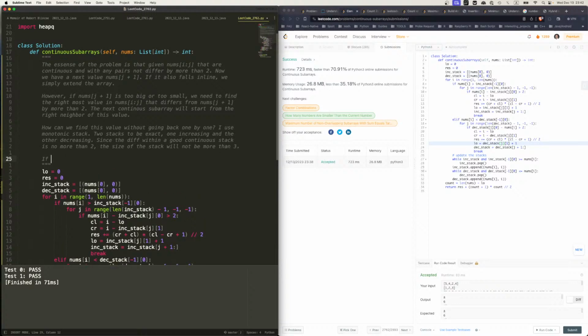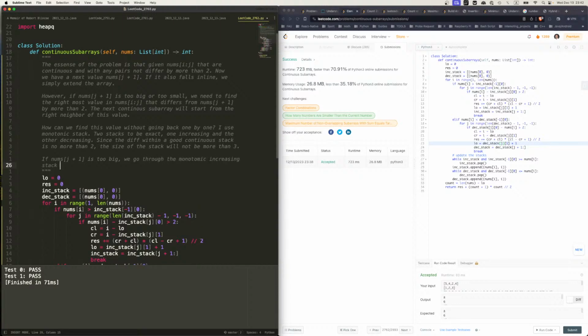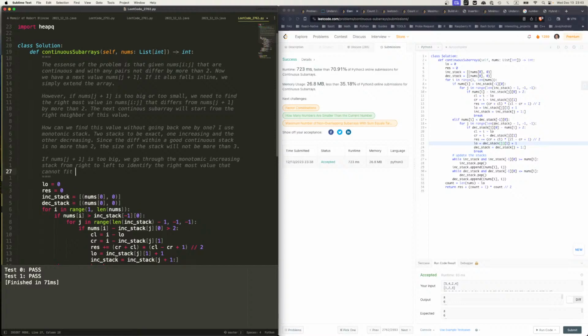And if nums j plus 1 is too big, we go through the monotonic increasing stack from right to left to identify the rightmost value that cannot fit nums j plus 1, right?